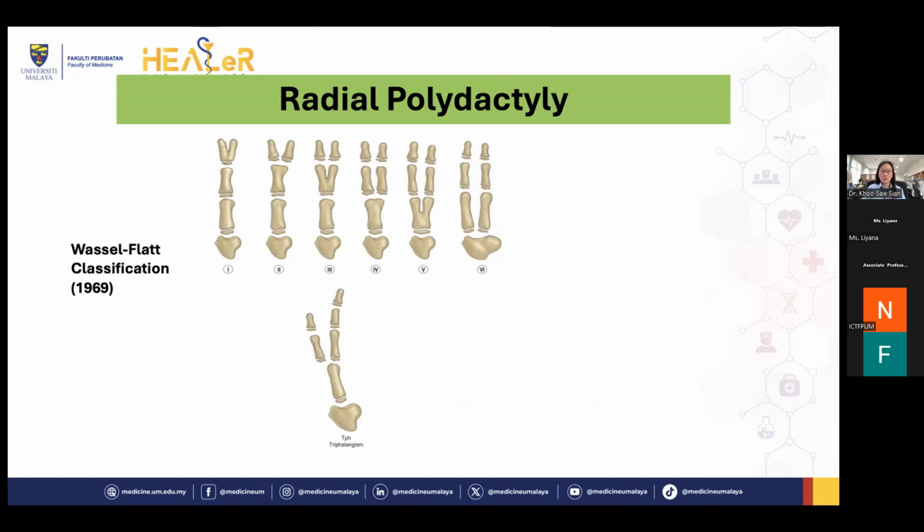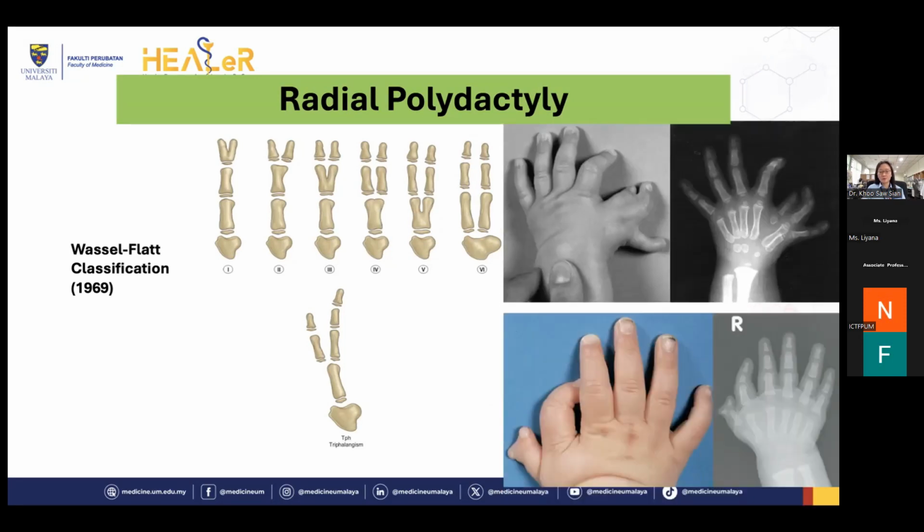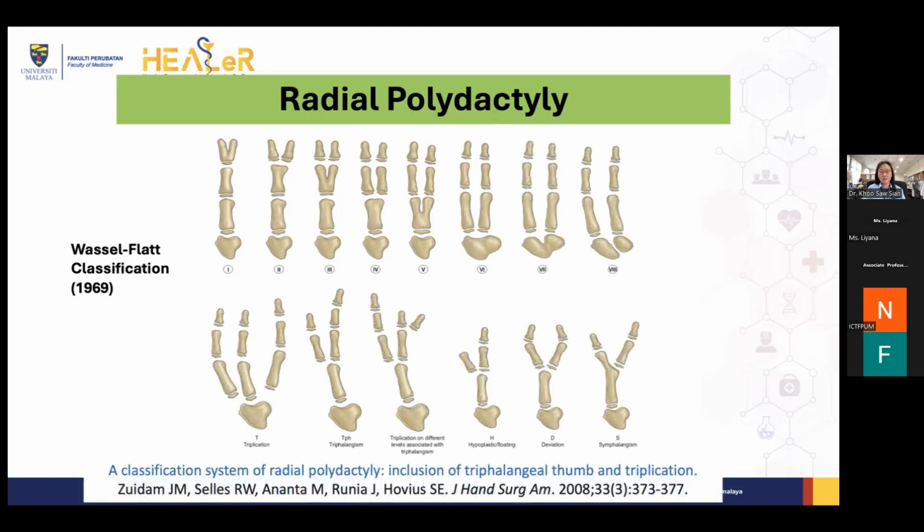But because we are looking at more and more different types, and they can't all fit into this classification, the Rotterdam group came up with a more comprehensive one. And I'm sure in the future there will be more and more different classifications as we discover more.